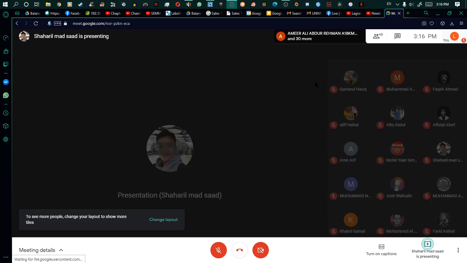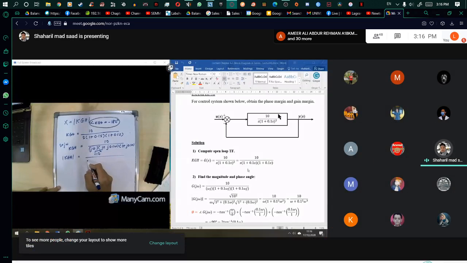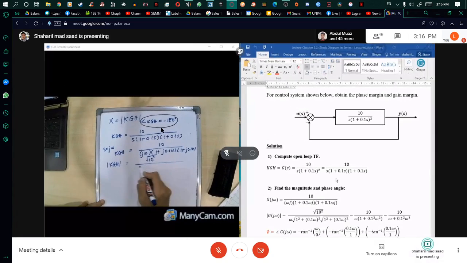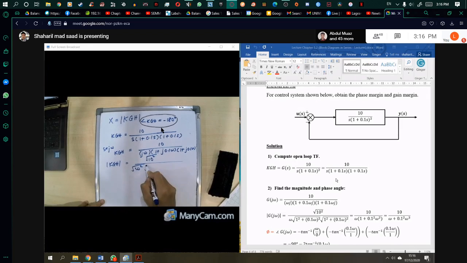and square root divided by this one, omega squared square root times 1 squared plus 0.1 squared omega squared, and 1 plus 0.1 squared omega squared here.